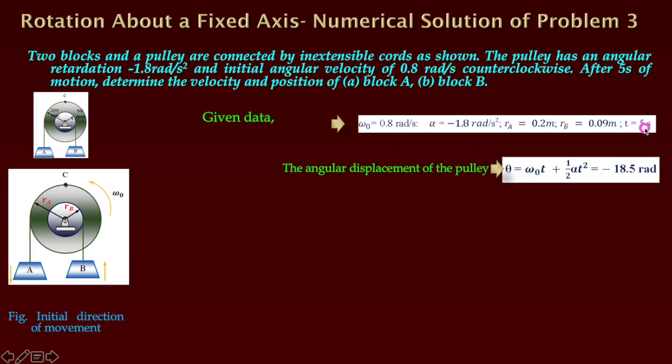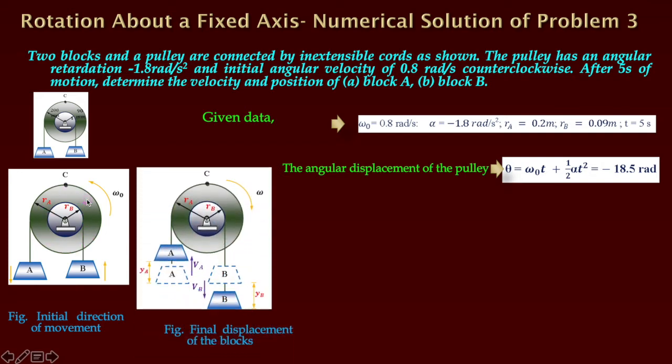Time is 5 seconds. Alpha is also given, this is minus, so you have to substitute here minus 1.8. Calculating that, we get the angular displacement of the pulley as minus 18.5 radian. This is the angular displacement for both the pulleys as it is a combined system.